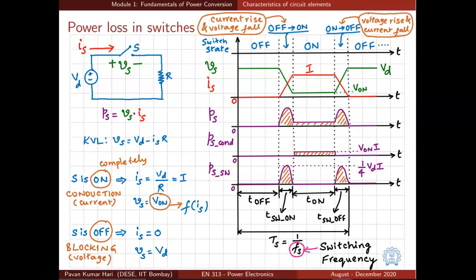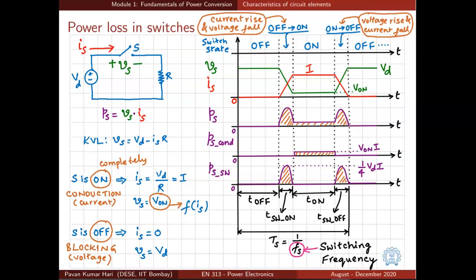And what happens in the on interval? Once the switch is on, ideally the voltage across the switch should be 0, but in reality there is a finite forward voltage drop across the switch, and that voltage drop is denoted by V subscript on.